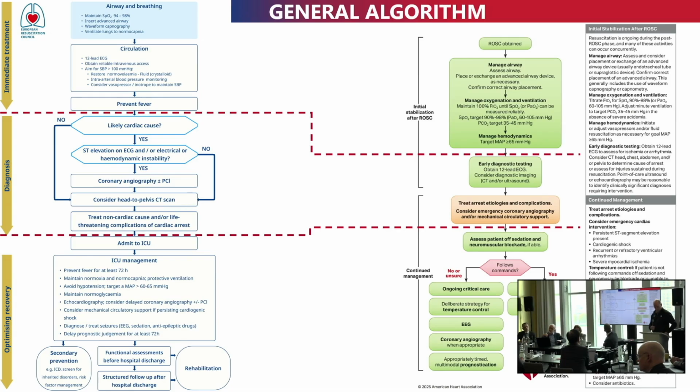We added more emphasis on EEG recording, which is very important not only for prognostication but also for treating seizures. We added a completely new prognostication algorithm, which is an algorithm per se, so we have a separate algorithm for that.